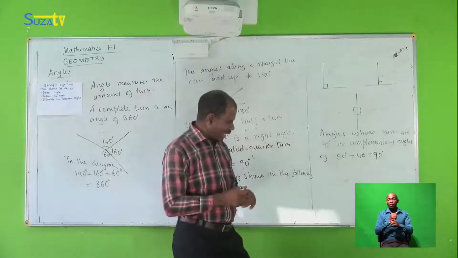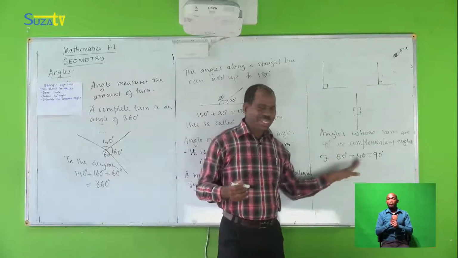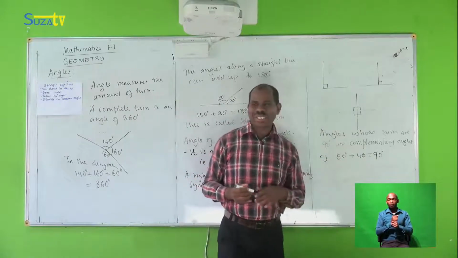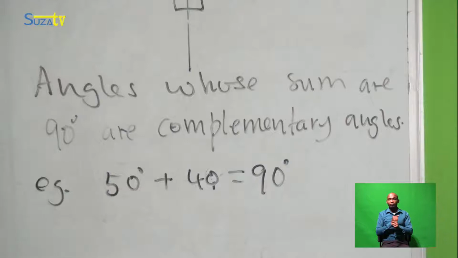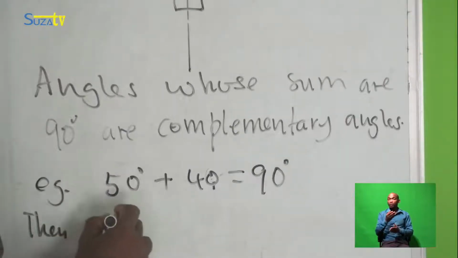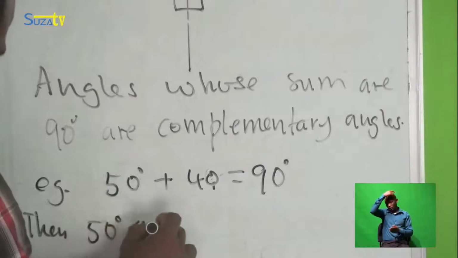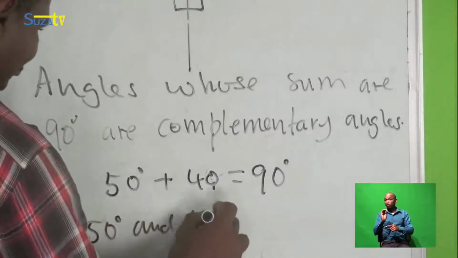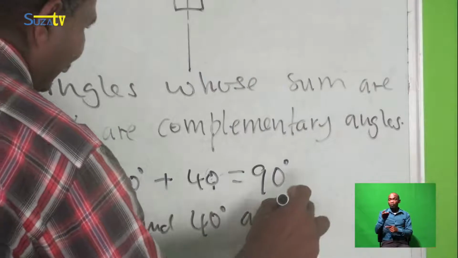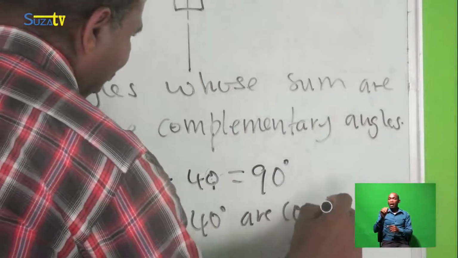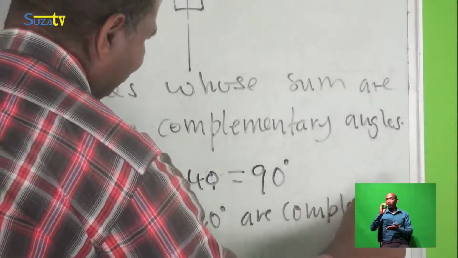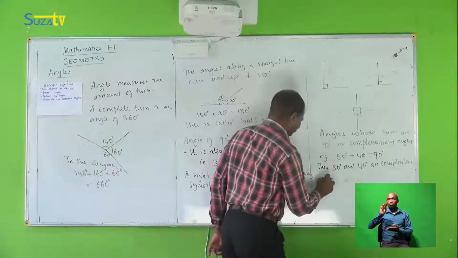So we can say 50 degrees and 40 degrees are complementary angles.